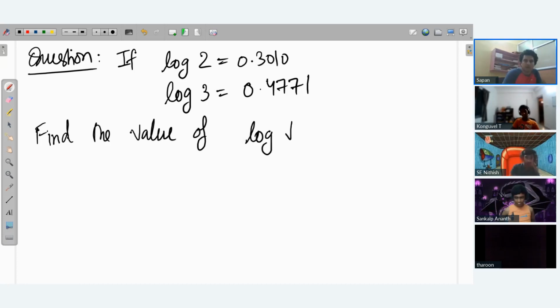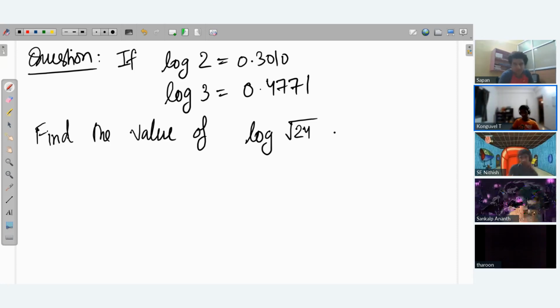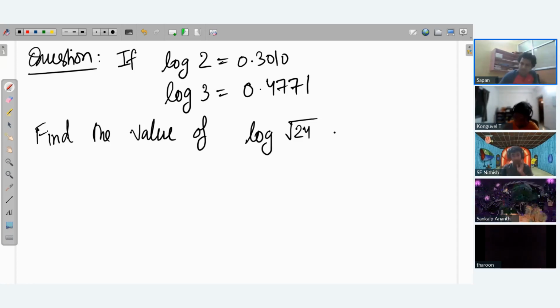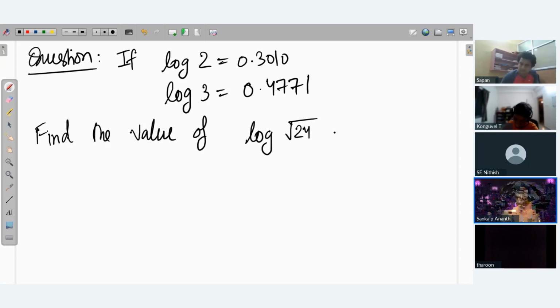log square root 24. Try it. Don't say the answer if you finish. Be quiet.